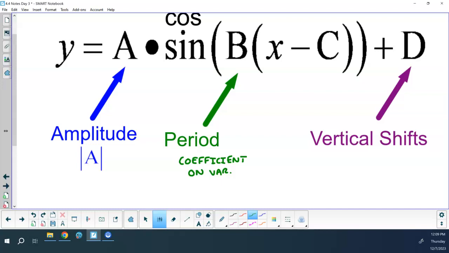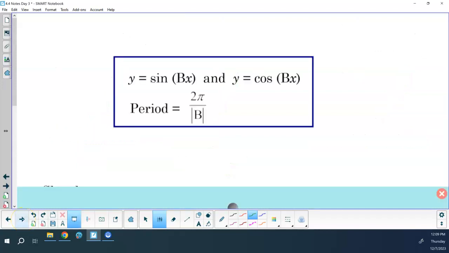So, the one thing that you need to memorize for the B value is that the period of your curve is going to be 2 pi divided by B. Memorize it. Okay?